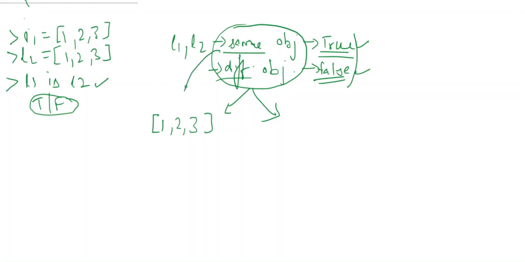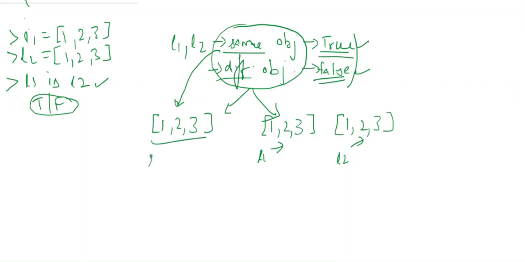And for the second case, it will create two different objects with the same values. Here L1 will refer to this object and L2 will refer to that object. While in the first case, Python is creating only one object and both L1 as well as L2 are referring to the same object, right?